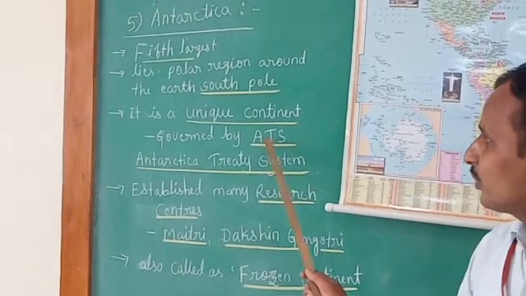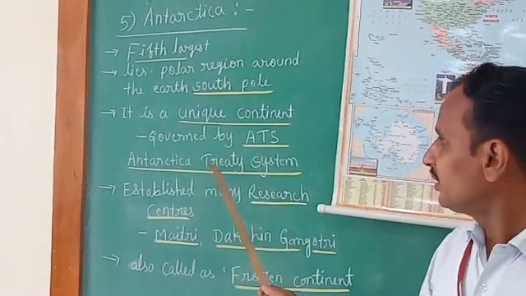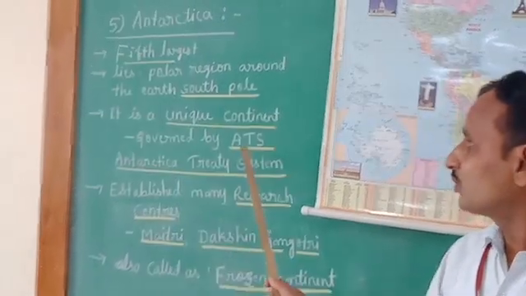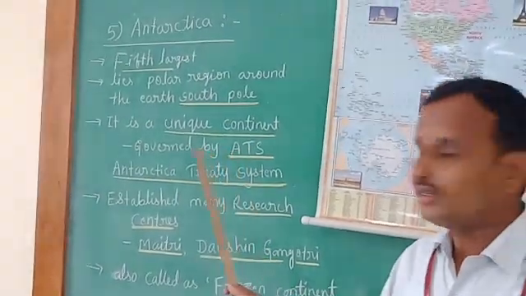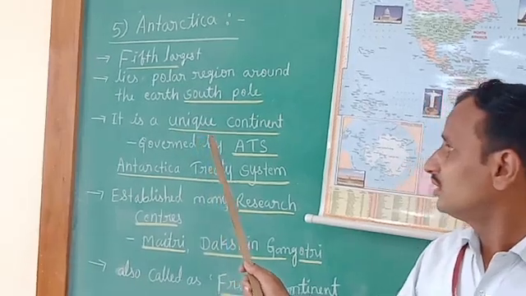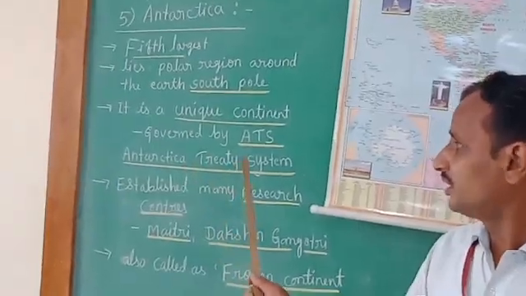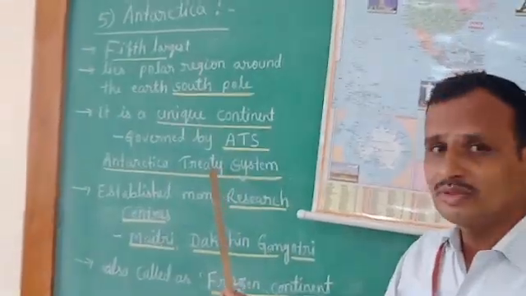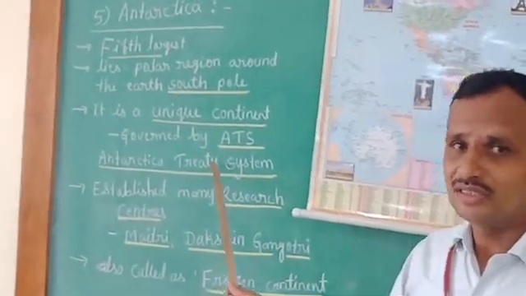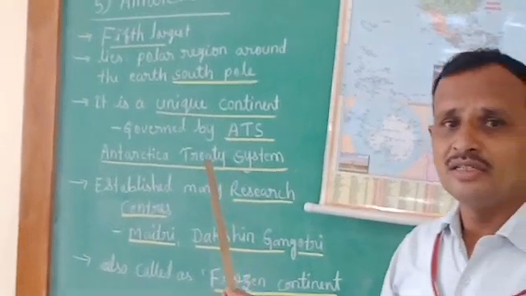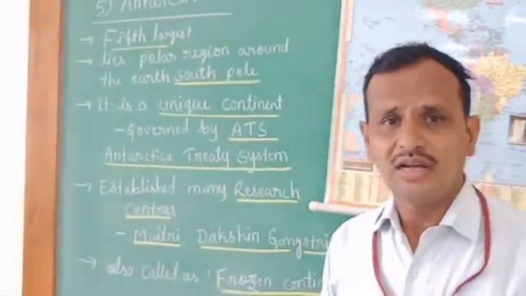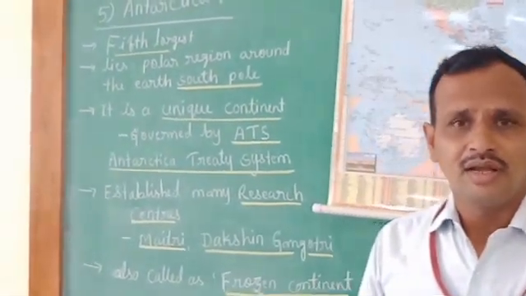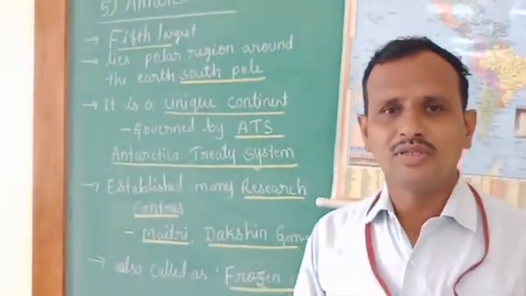Children, so what is the full form of ATS? Antarctica Treaty System is the full form of ATS. So that's why the Antarctica continent is governed by this treaty, the Antarctica Treaty System, which contains many countries like Australia, Argentina, Norway, Japan, New Zealand.